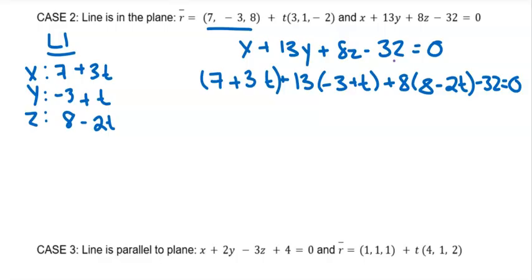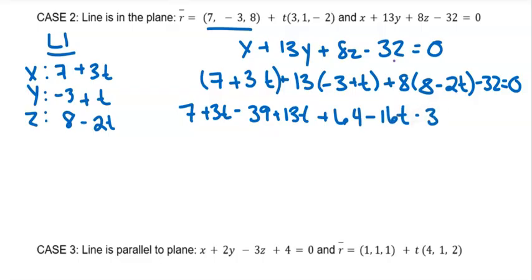Okay, now I just need to multiply this through. 7, 3t minus 39 plus 13t plus 64, minus 16t minus 32 equals 0.